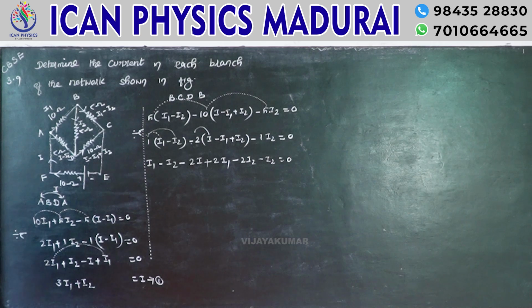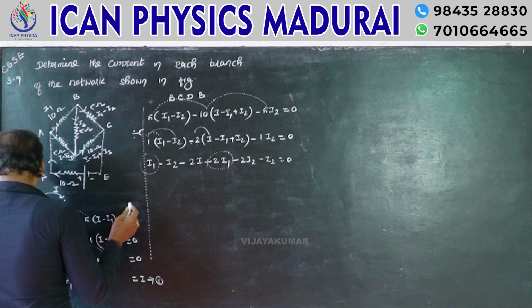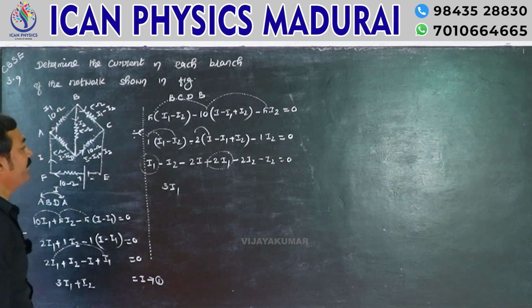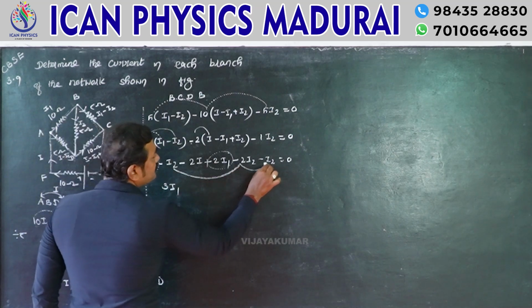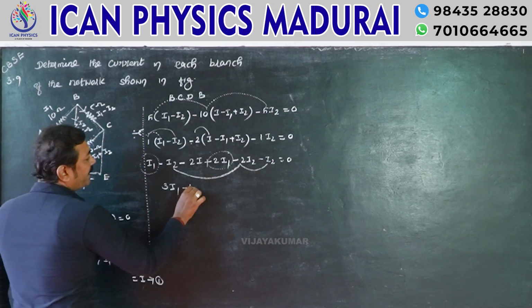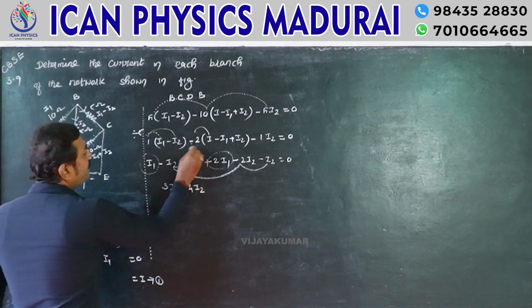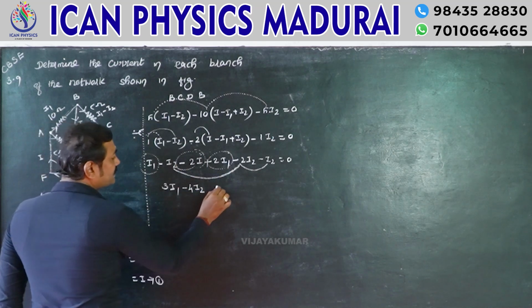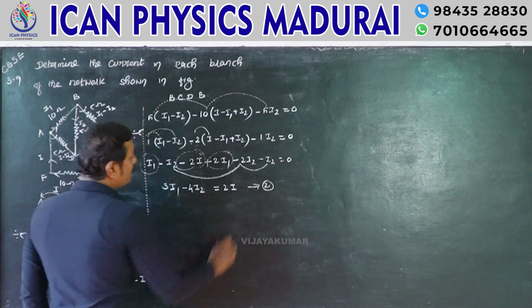Now keep all the terms in the same side. So I1 plus 2I1, it becomes 3I1. Okay. I2 minus 2I2 minus I2, so minus 4I2. Okay. Now we are having minus 2I. The minus 2I goes to the right side as plus 2I. Now it's taken as equation number 2.